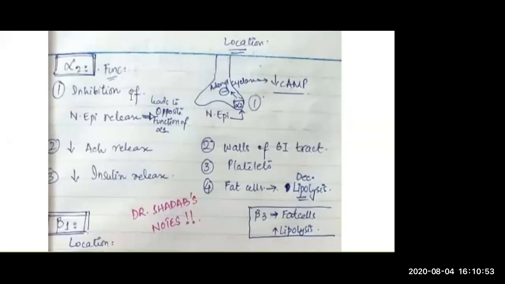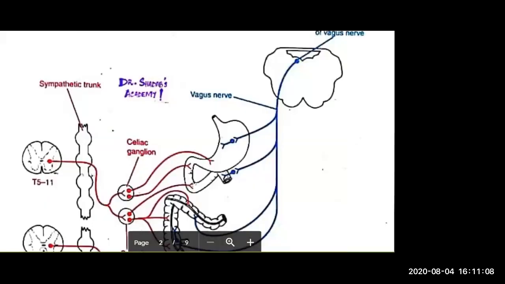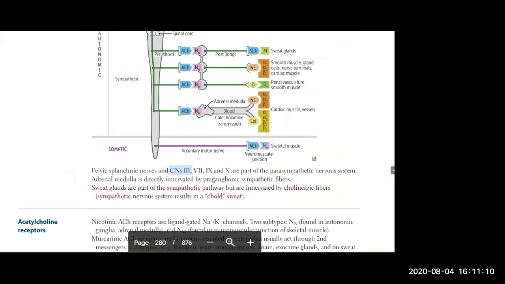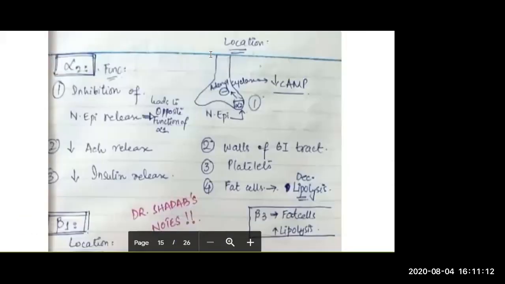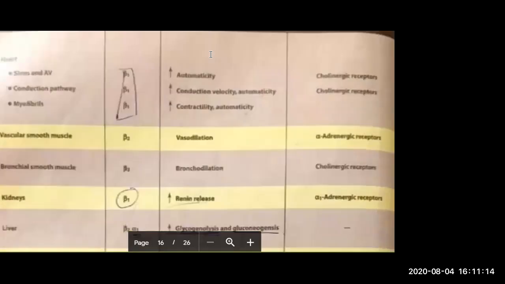So it has a function on the preganglionic fiber. Now it will be better if I show you. I have the picture in the same book.